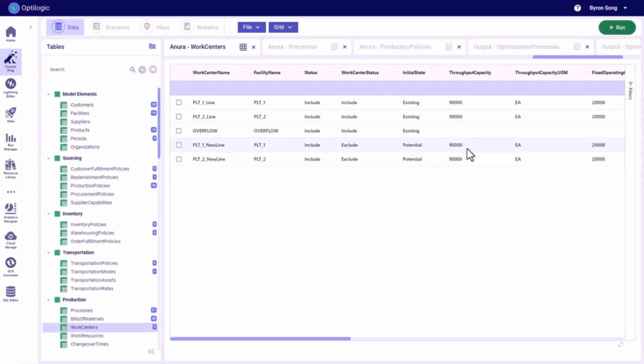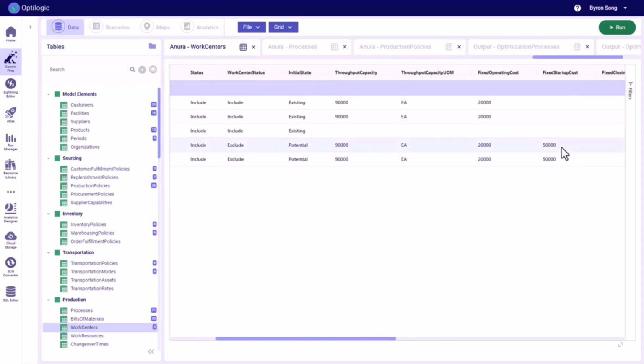And these new lines will have the same capacity as the existing 90,000 per year. They have the same operating cost, but they have a fixed startup cost, meaning if the model decides to activate this production line, it will incur a 50,000 one-off startup cost.